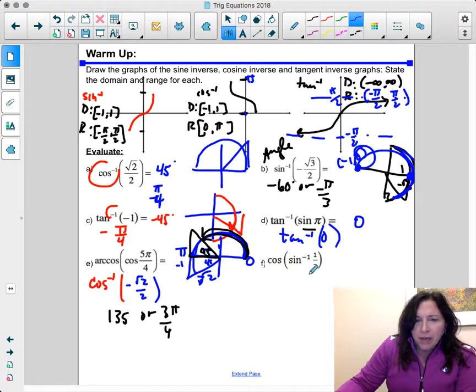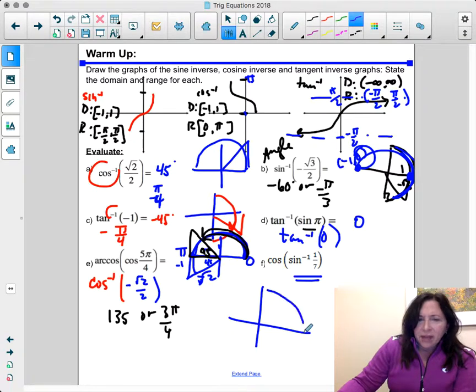For this problem right here, this is saying, where is sine 1 over 7? That's not a special right triangle, but we do know that sine has this restricted domain here. We also know that sine is positive, so it's going to be in the first quadrant. And sine is opposite over hypotenuse, which is 7. So let's find this other side first. Using the Pythagorean theorem, this is going to be the square root of 49 minus 1.